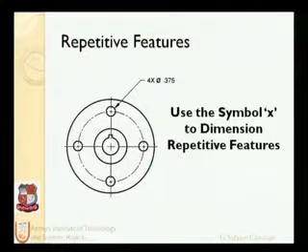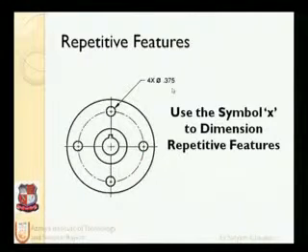Repetitive features. In engineering applications, there are many examples where we can encounter more than one feature repeating. So it is advisable that not all the dimensions are given, but one dimension is given with the cross symbol like this, and multiplied by the number of features.